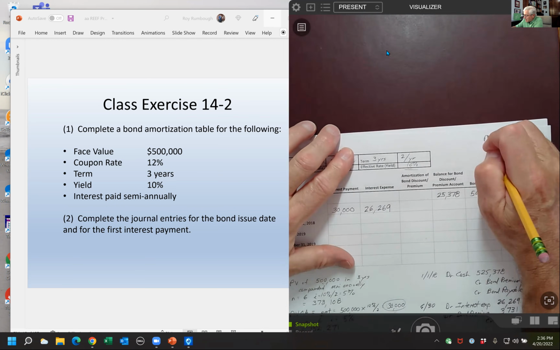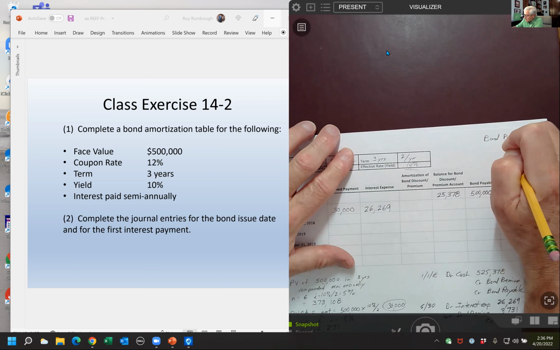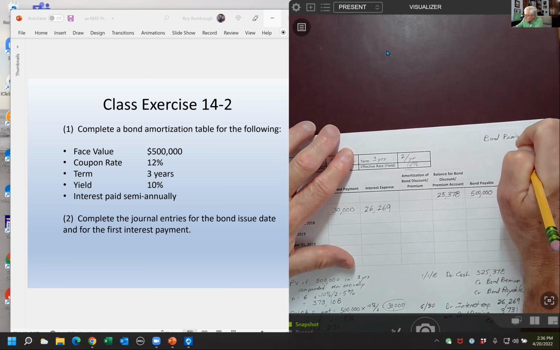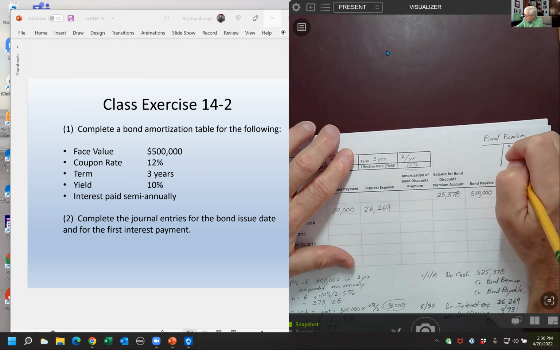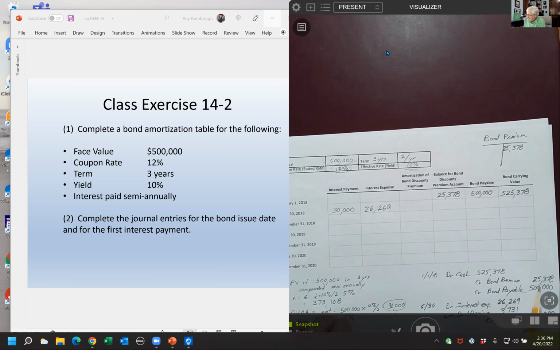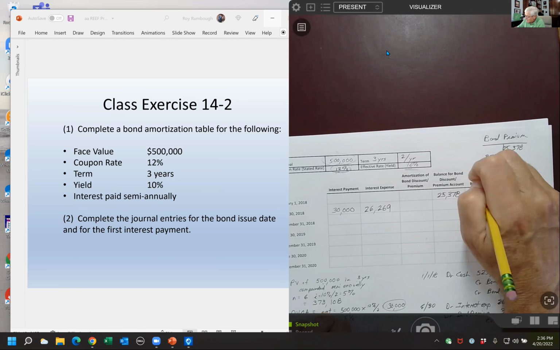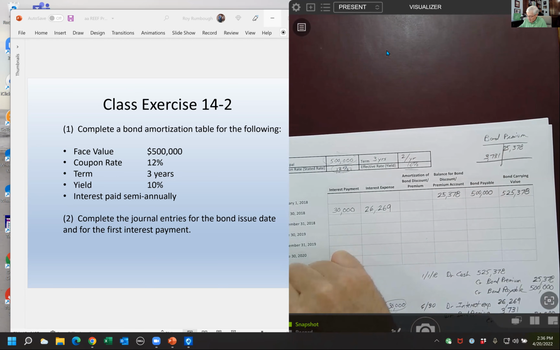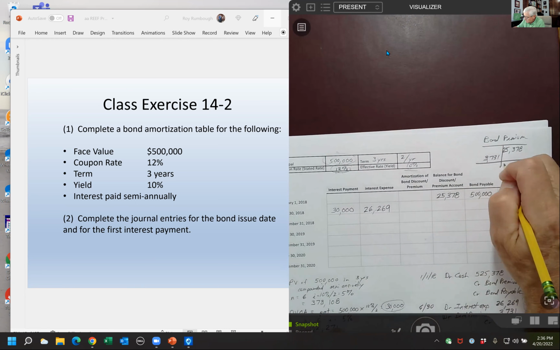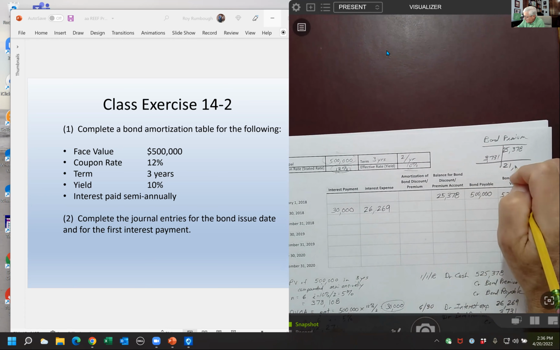If we looked at the T account for the bond premium account, we started with 25,378 from that very first entry. That's what we said. And now we're reducing it by 3,731. And so the new balance is going to be 25,378 minus 3,731, 21,647.